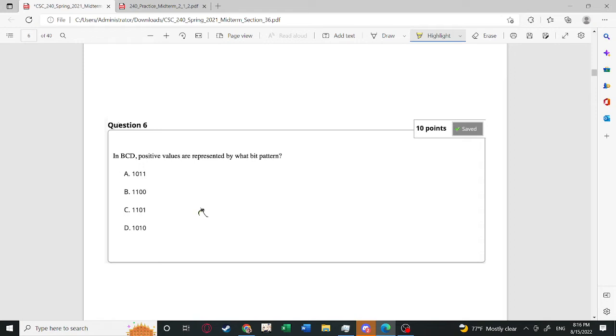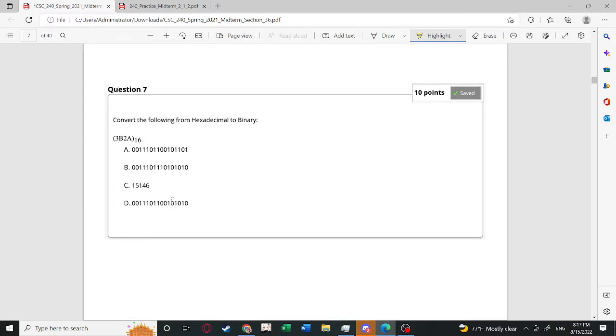B, C, D, positive items are represented by what bit pattern? So we're looking for C. C is 13. So 101. So that's C. And then this one is a 4-digit.